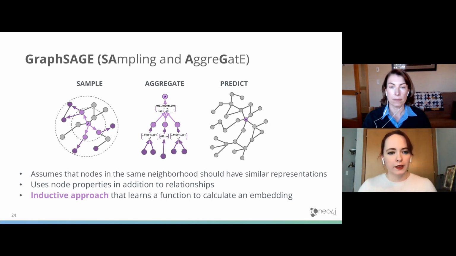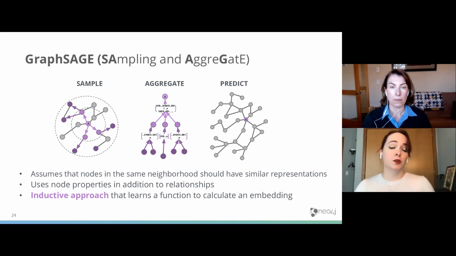And so step 1 is sample. For each node in your graph, you take your random walks and figure out what the neighboring nodes are. Once you've got those random walks, GraphSAGE is built to use properties, so you aggregate the properties from those neighboring nodes to build up a concatenated feature layer of what the properties of my neighbors are.